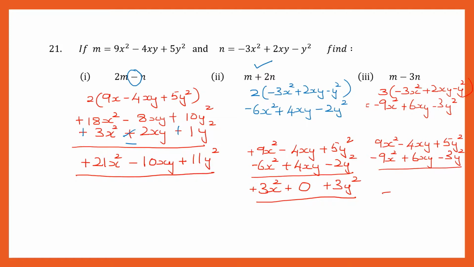Now when you subtract, you need to change the sign. So I'm going to change the signs to plus, minus, plus. Now let's work it out. Signs are the same, put the same sign and add. 9 plus 9, 18. Signs are the same, put the same sign and add. 6 plus 4 is 10. Signs are the same. 5 plus 3, 8y square.